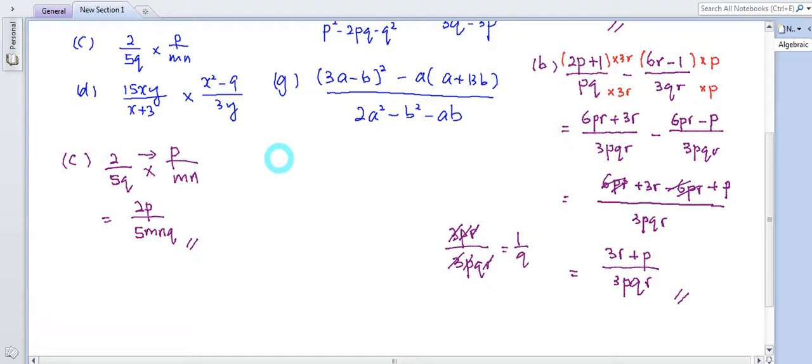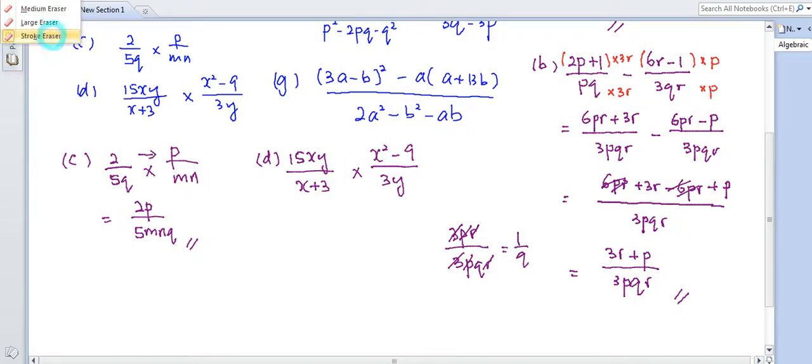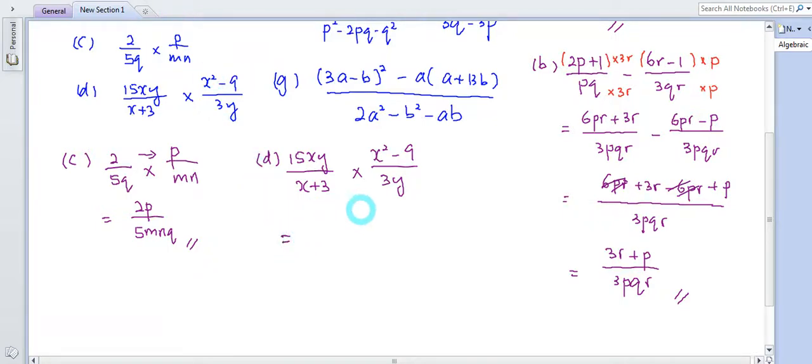Okay, so D, I do it here. 15xy over x plus 3, times x squared minus 9 over 3y. Here is multiply, right?